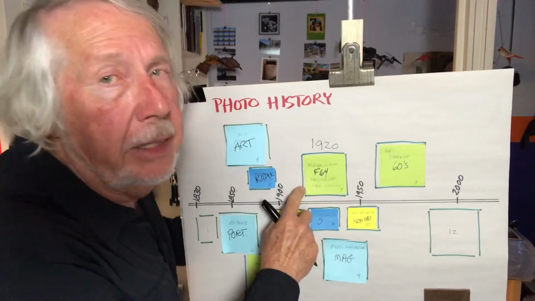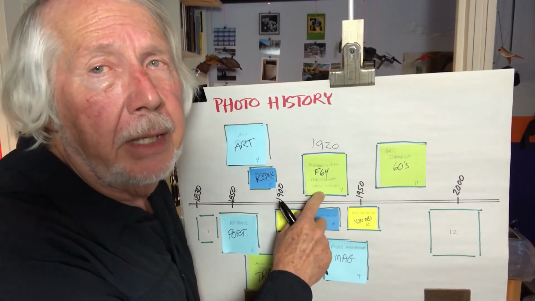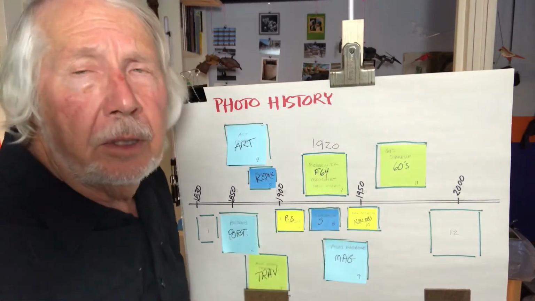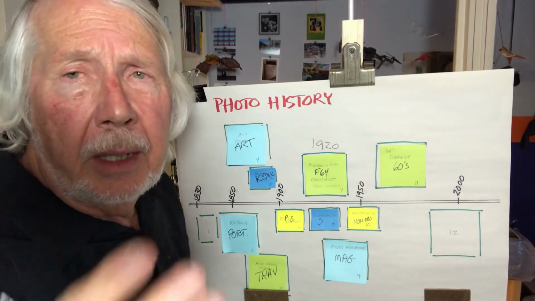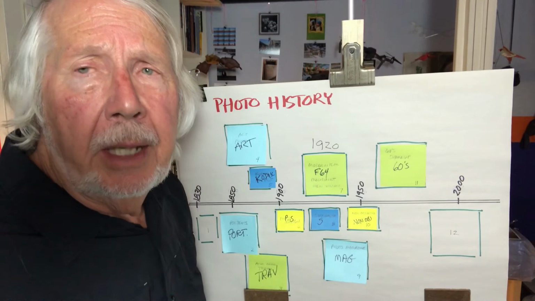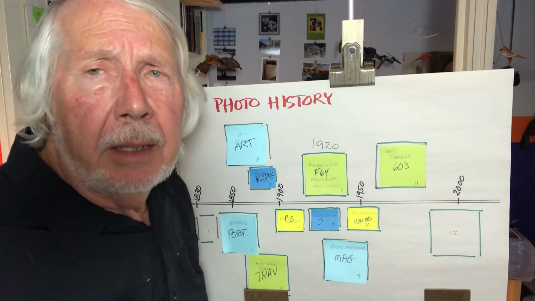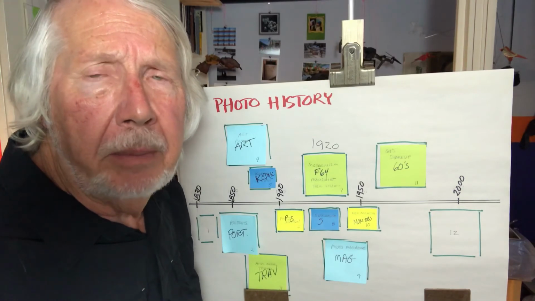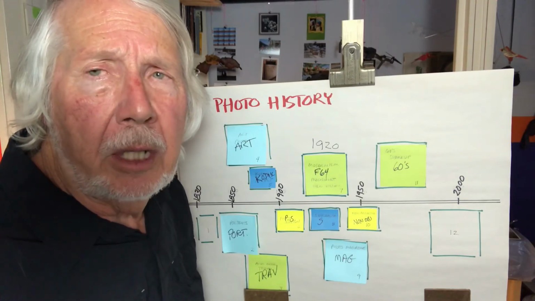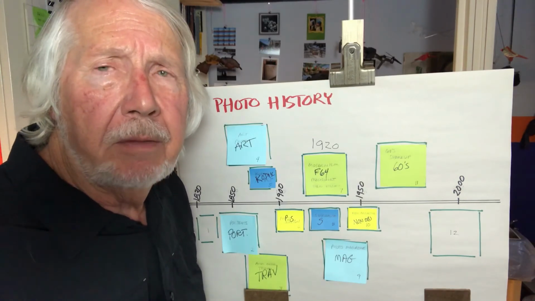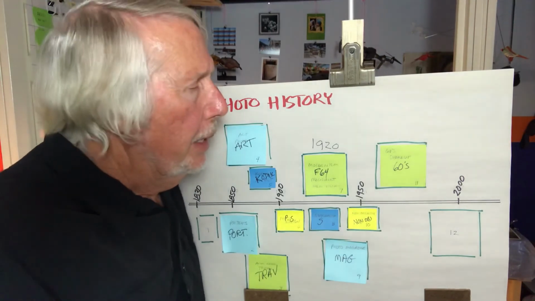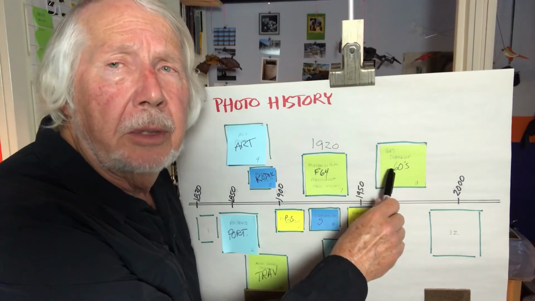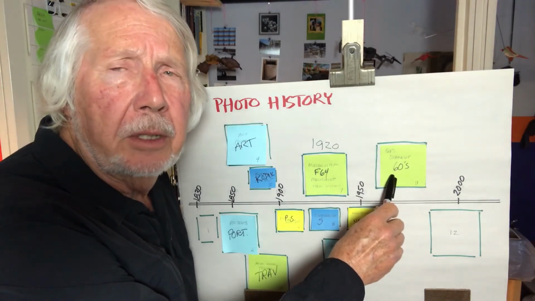From about 1920 to around 1950, F-64 school, or modernism, had dominated, and it wouldn't allow for many other people to get in there. It was always the dominant form of art. In the 60s, we had Jerry Uelsmann, who was putting together pictures in the darkroom.